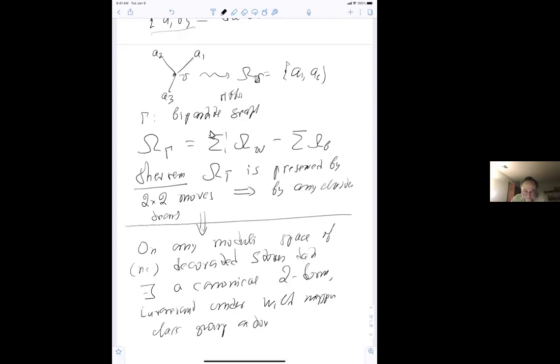So I'm just curious, it's not a question to you, but to the outside world, whether there is an upgrade of the notion of a cluster chart, where you replace cluster algebras, maybe naively, by their resolutions and so on.